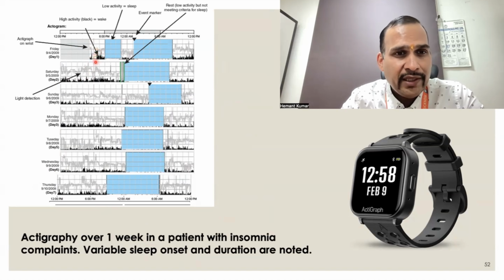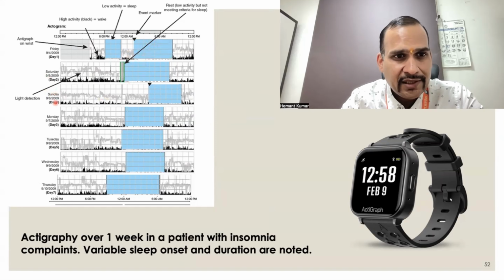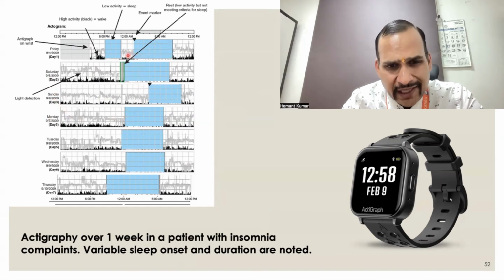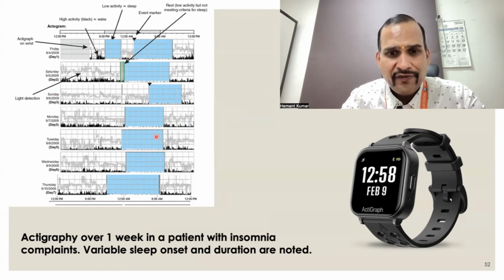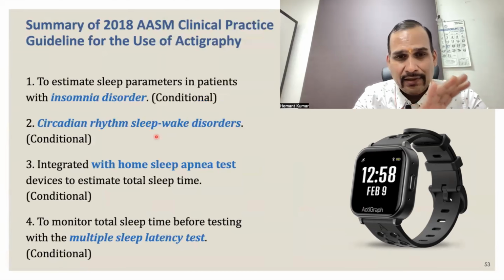Whenever there is movement, it will tell you are awake. When there is less or no movement, it will tell you are asleep. Night, again slept, again movement, awake, then again slept. This is Saturday, this is Sunday, this is Monday. So it is very useful to maintain a sleep diary.